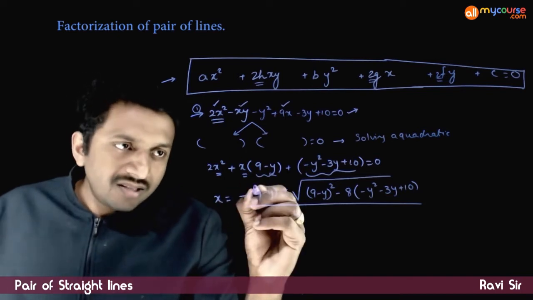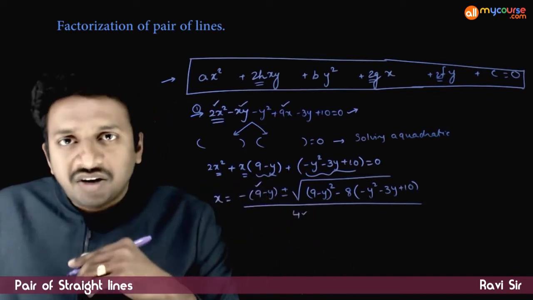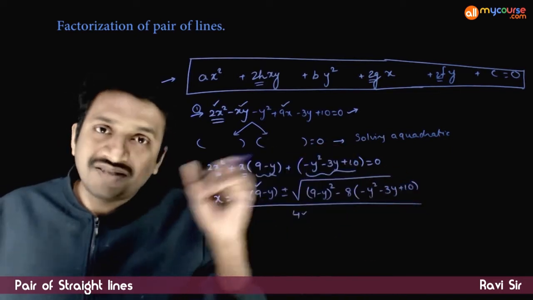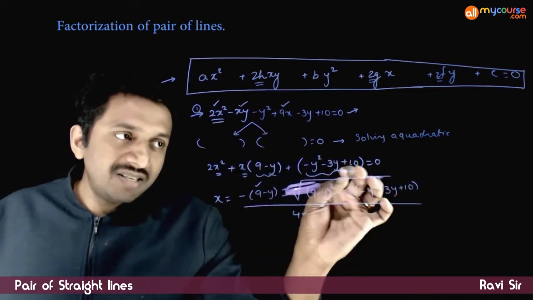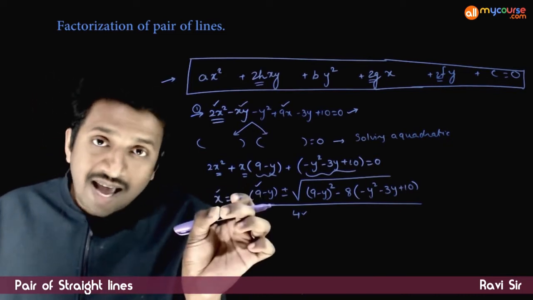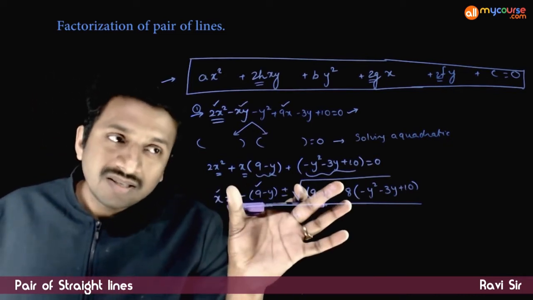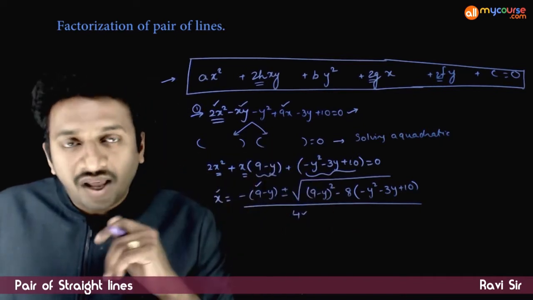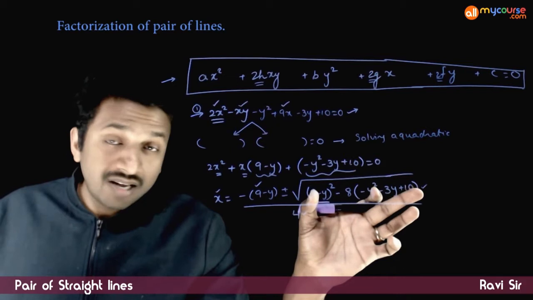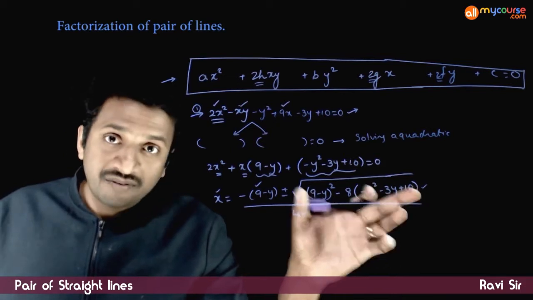Now both these terms are straightforward. Here you have to concentrate on the term inside the square root. If you have to get x as some nice linear expression in y, this has to be a perfect square. I am worried now. Is this a perfect square?